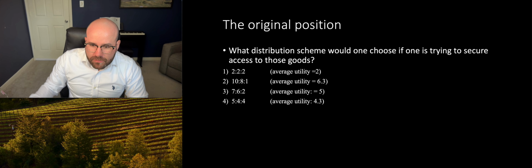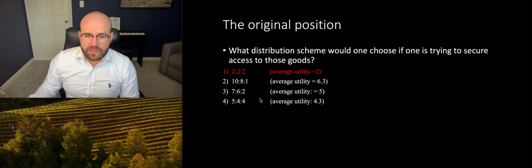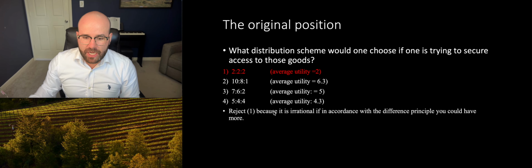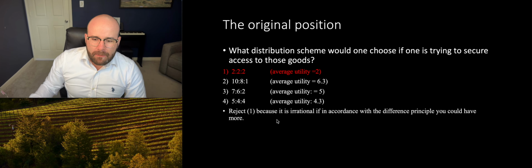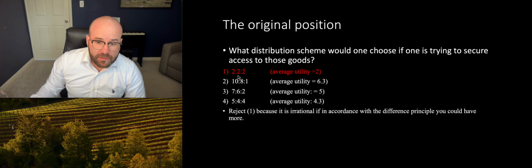Well, start with this one. According to Rawls, we should reject 1 because it is irrational. So why would we choose this egalitarian scheme where everybody has the same if we can just choose number 4?